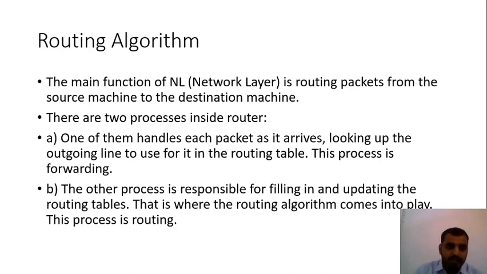When a router sends a packet, it will also store the time and the buffer size taken, so that the shortest path or the alternative paths can be used. For all those reasons, the routing algorithm is there.